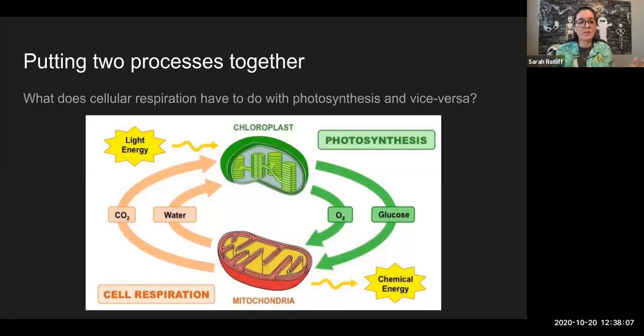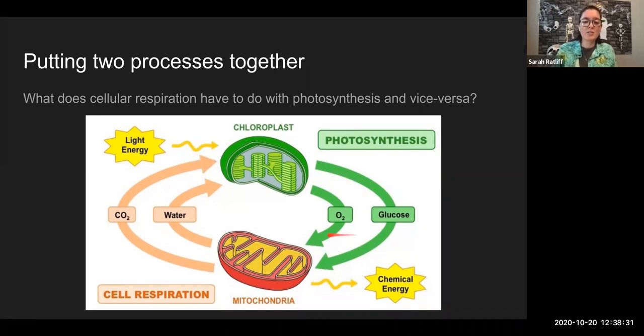So why are we learning about cellular respiration and photosynthesis at the same time? Well, the products of one become the reactants of the other. So we have light energy feeding into a chloroplast. That chloroplast produces oxygen and glucose. Then, because that oxygen is present, we're going to go through some cellular respiration, aerobic respiration.